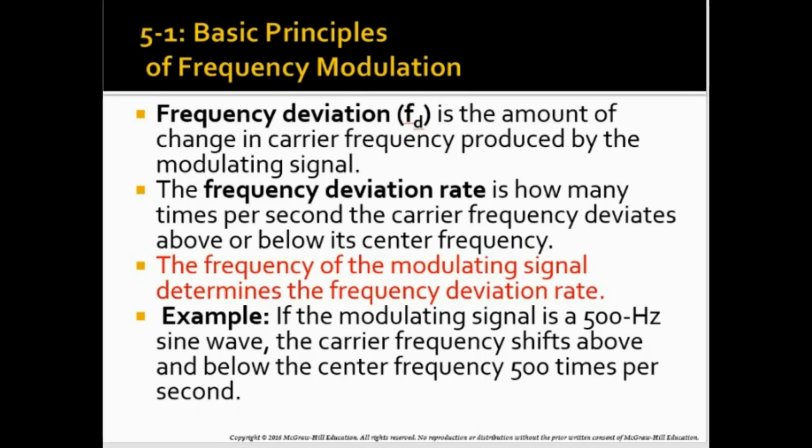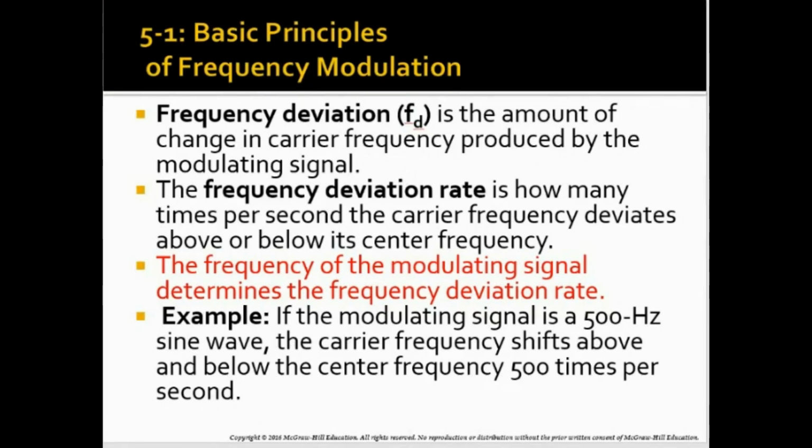So the modulating signal is the one that determines the frequency deviation rate. For example, if a modulating signal is 500 hertz, let's say a sine wave, then of course the frequency is fixed, so 500 hertz. Then the carrier frequency shifts above and below the center frequency 500 times per second as well.